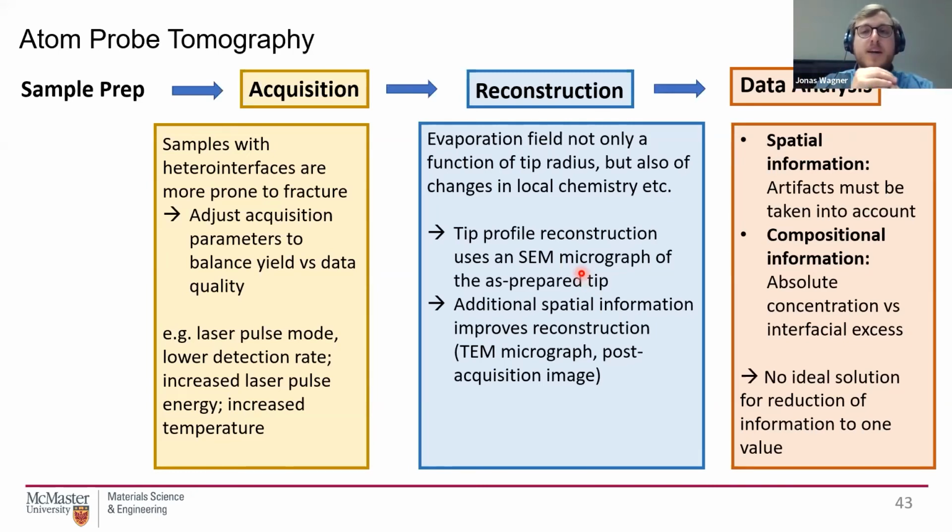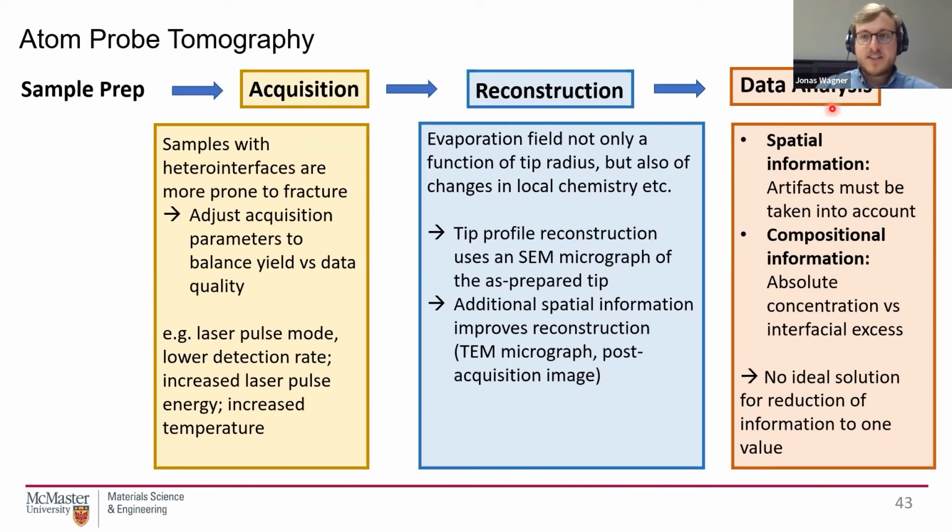That would be the starting point for our tip profile reconstruction. If you really care about spatial information, you could go beyond that. You could take another SEM micrograph post-acquisition just to see how much material you evaporated. If that is not enough, you can also consider taking a TEM image before, at a flat orientation, to avoid any skewing from the tilt.